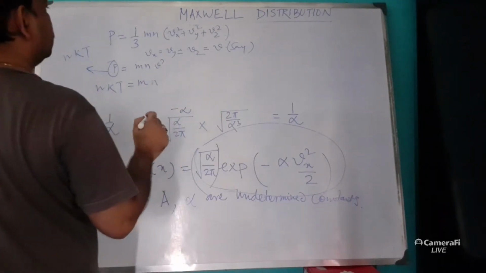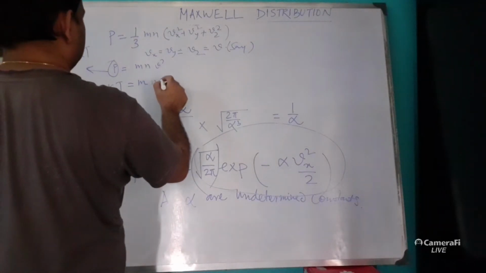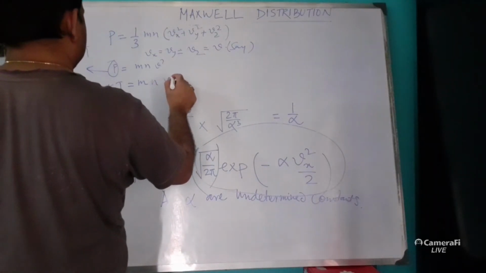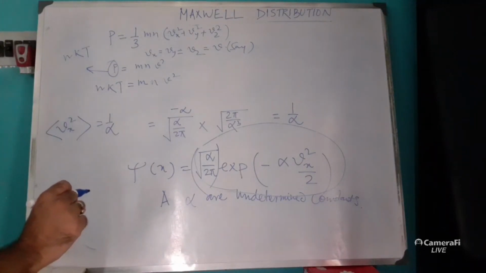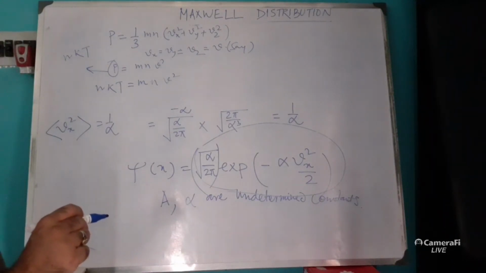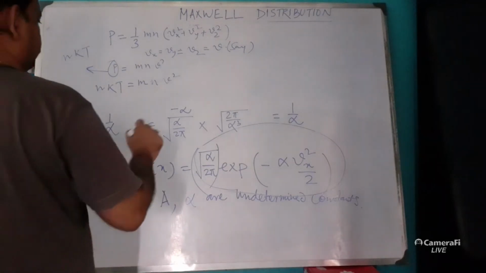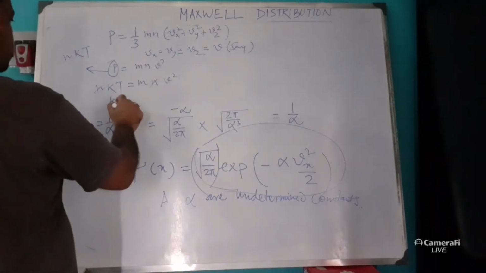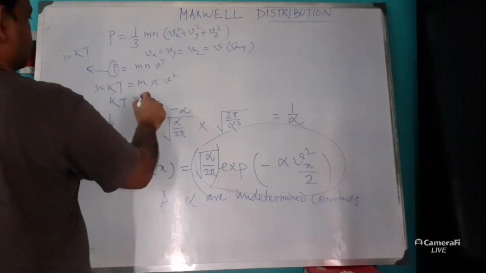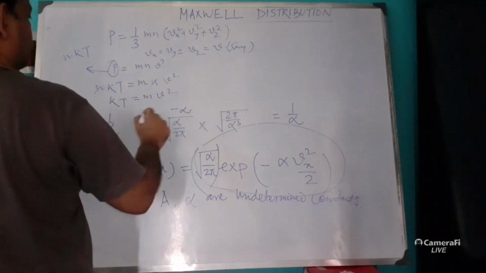So both sides get cancelled, and you have kT is equal to m V squared.